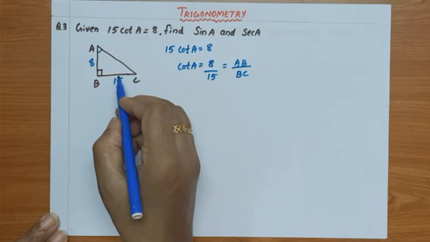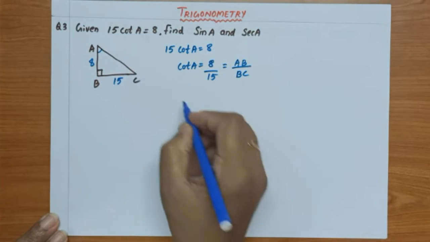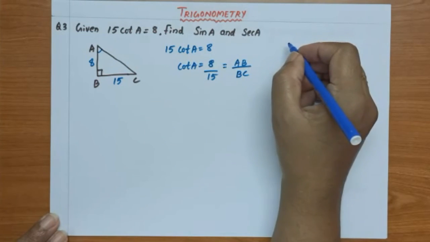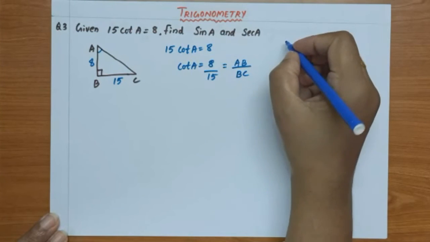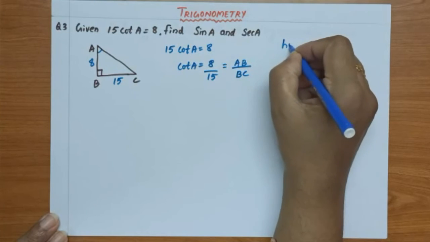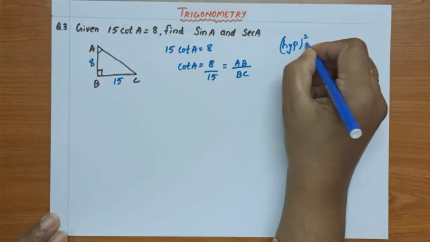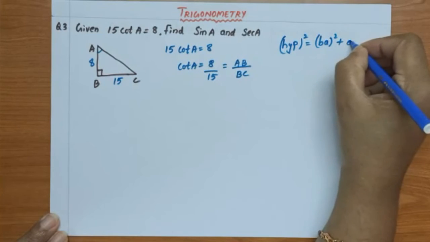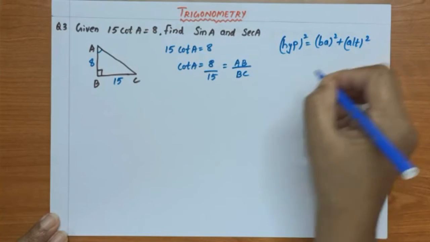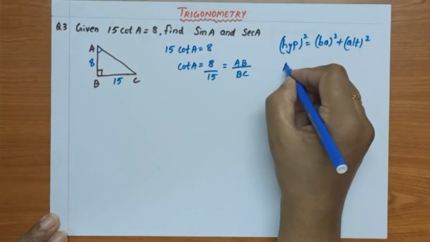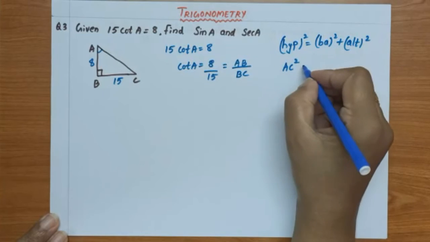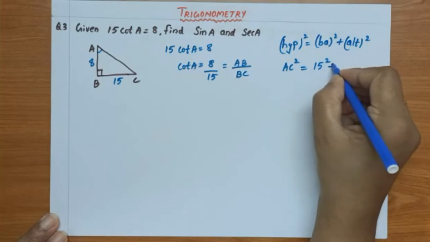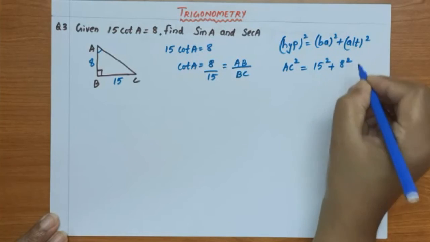So we can find out what is the hypotenuse. Hypotenuse is AC. For finding the value of AC, we can apply Pythagoras theorem. That is, hypotenuse square equal to base square plus altitude square. So AC square equal to base 15 square plus 8 square.